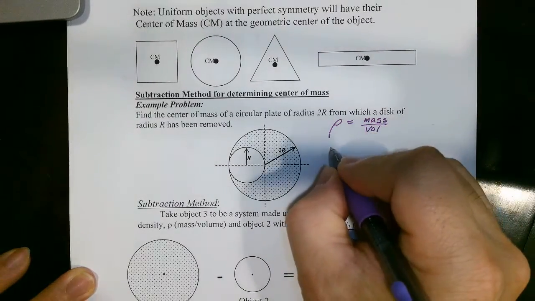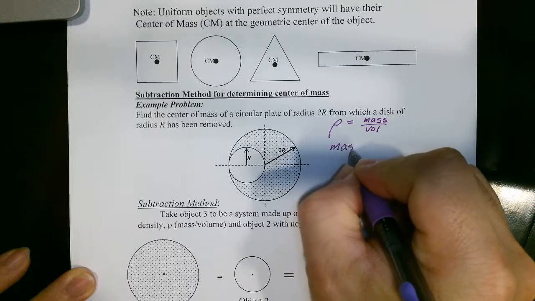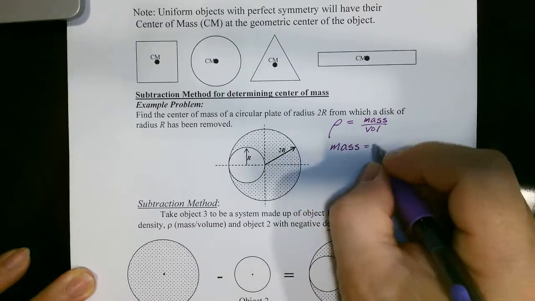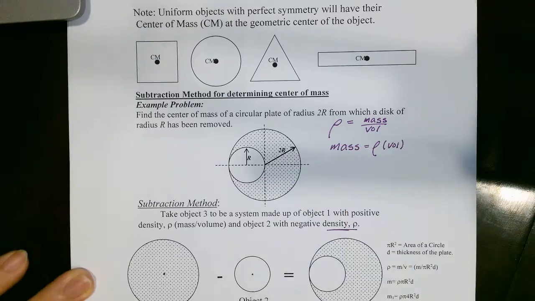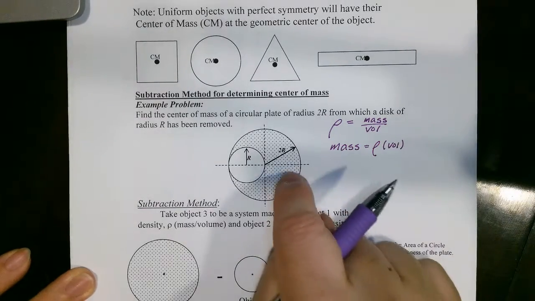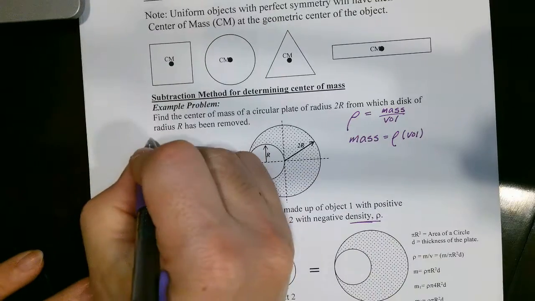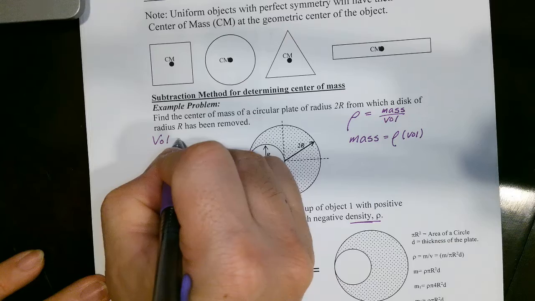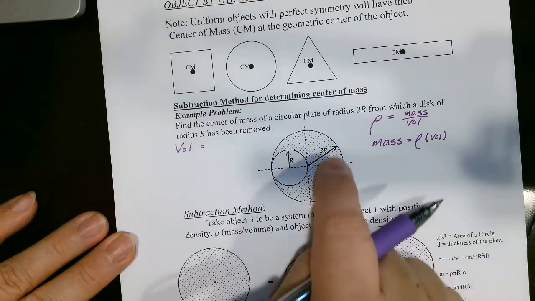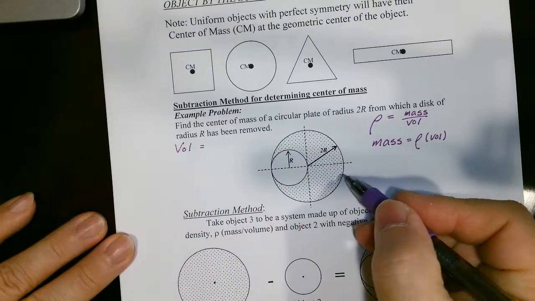So you can say mass is equal to rho times the volume of this plate. Now the plate will have a volume of area times the thickness of this plate.